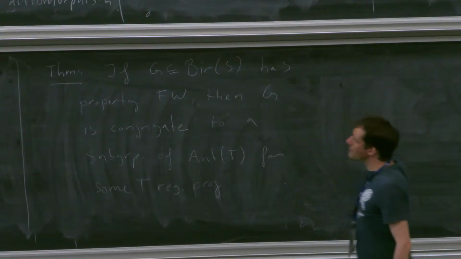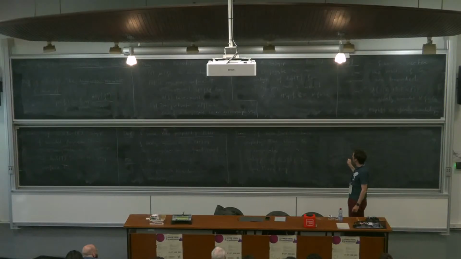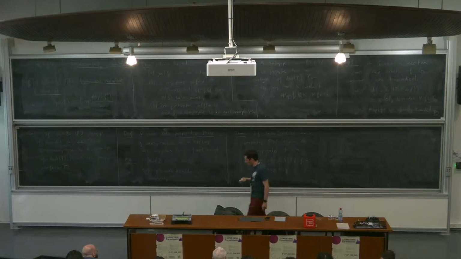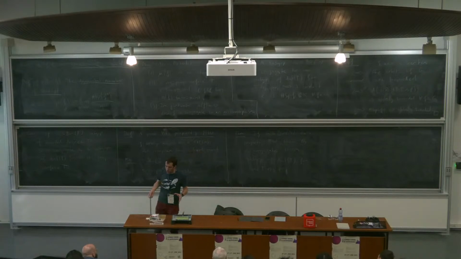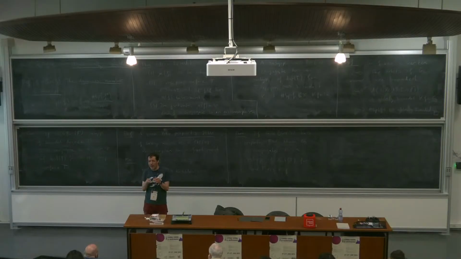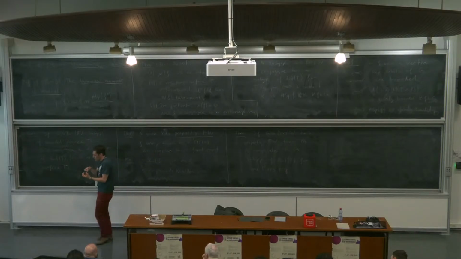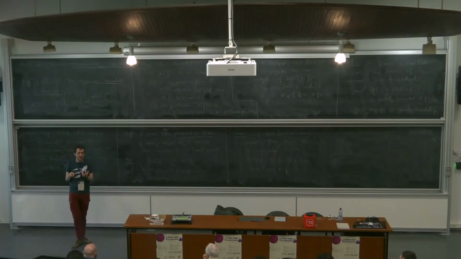Actually, that's all I've prepared for today. Maybe let me just explain one more application, just orally. One thing one can also get from this action is, let's say we work over a perfect field. Then the number of base points of your transformation f over the perfect field is bounded by a constant times the number of base points over the algebraic closure, since the base points over your perfect field are just Galois orbits of points in the algebraic closure.